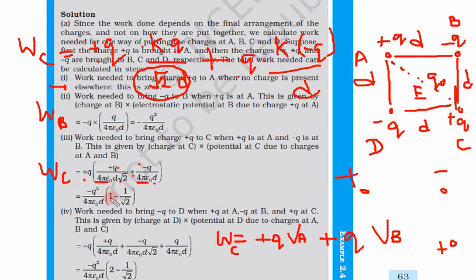So there is a 1, and 1 upon 4 pi epsilon naught D is common, and then you are left with minus 1 by root 2. So this is WC.